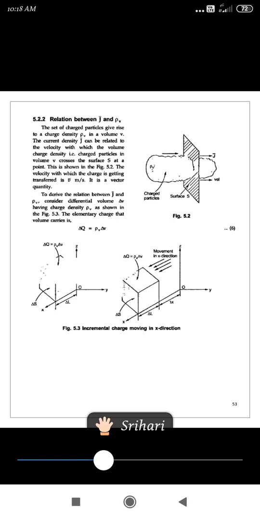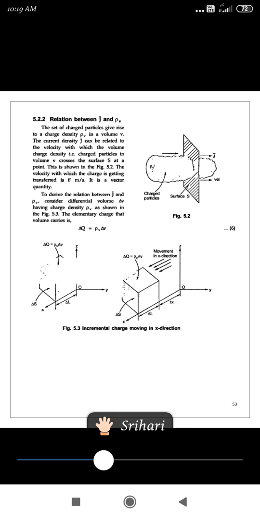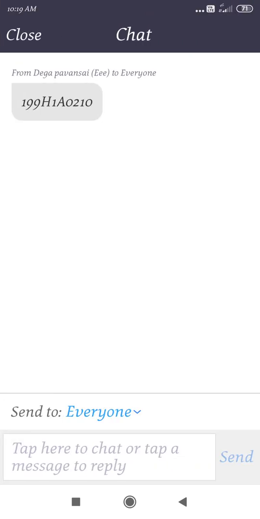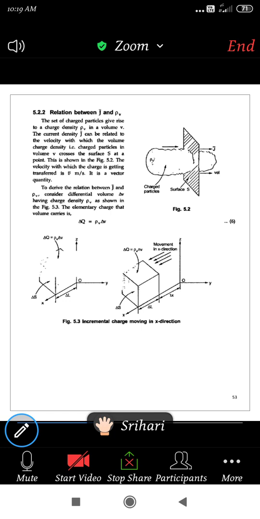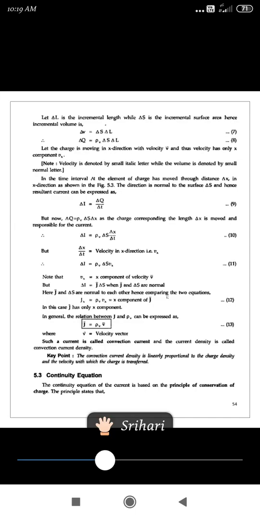The charge is del q equal to rho v into del v, where rho v is the elementary charge the volume carries and del v is the volume of that increment.